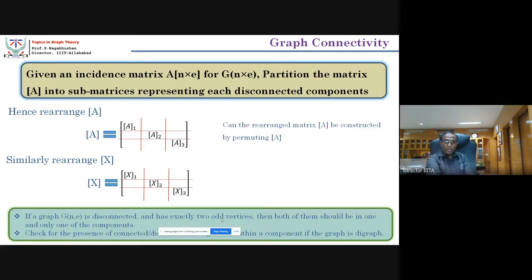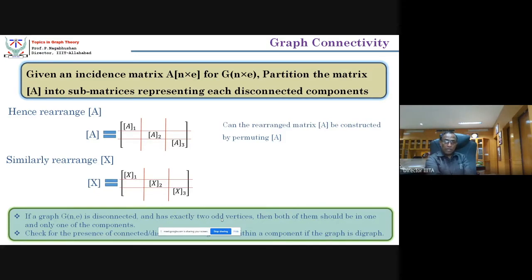Therefore, if the entire graph, which is said to be disconnected, has exactly 2 odd vertices, then it is essential that both these odd vertices are in one component.